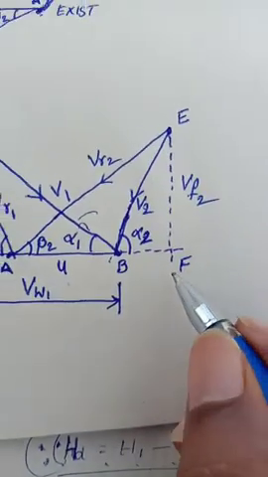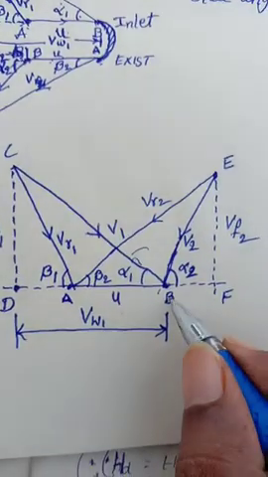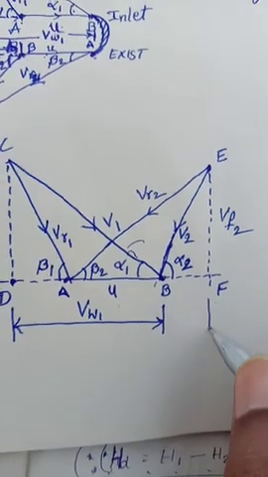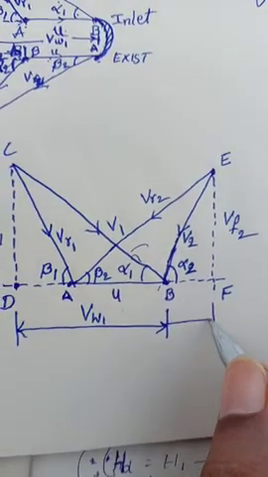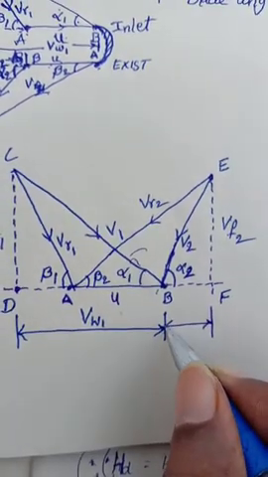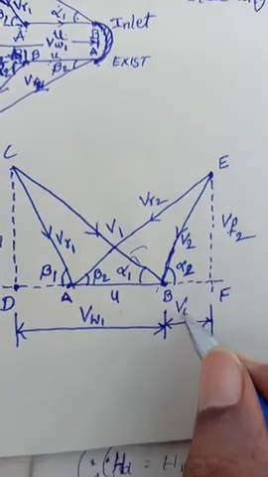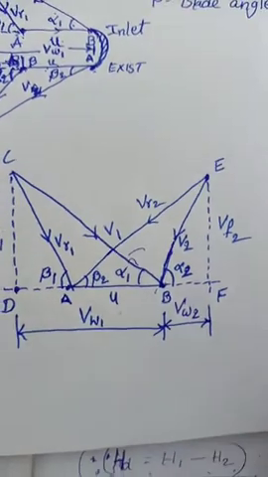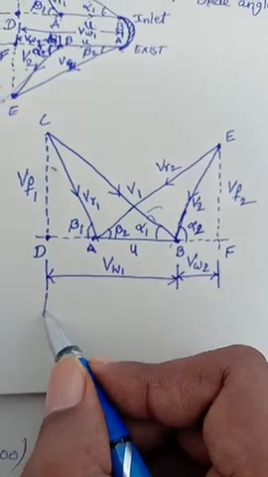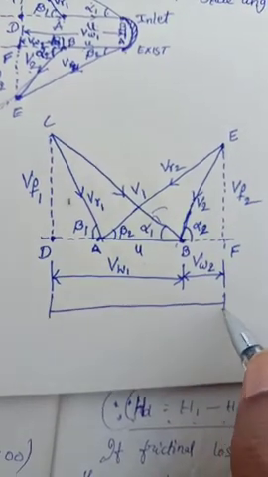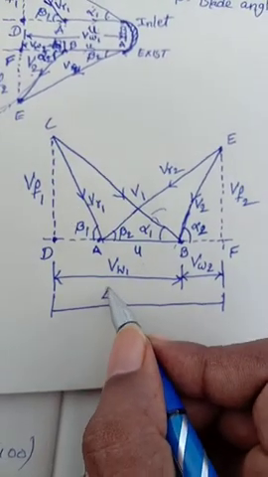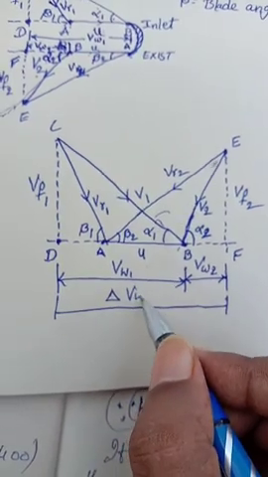So now we are going here, B to F is there. So now this is relative velocity 2. So totally this length is coming from change in relative velocity.